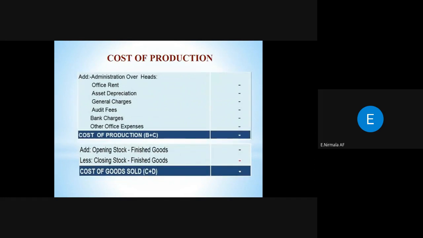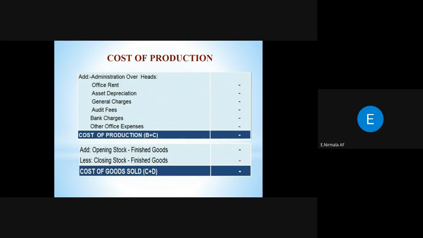Next concept, cost of production. Under this header, you should include all the expenses involved in business operations, including rent and work cost. The formula for calculating the cost of production is work cost plus administration overhead cost or office overhead cost.